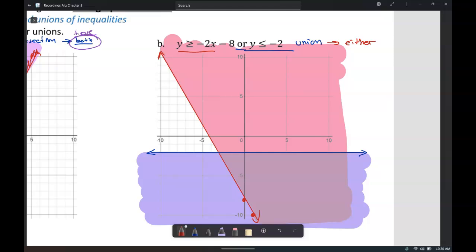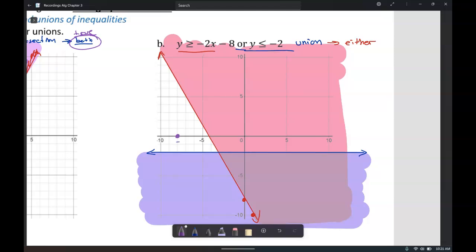Anything in this shaded region on the right is going to satisfy our first inequality. Anything in this shaded region below is going to satisfy our second inequality. But anything outside this shaded region will not satisfy either inequality. So how we check to make sure that our shading is correct, we want to actually prove that these points are not a solution.